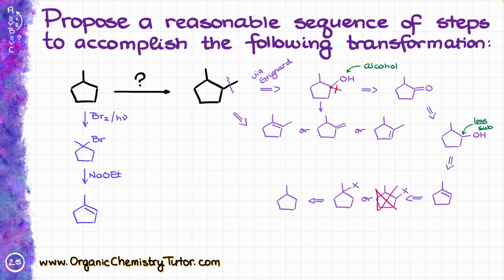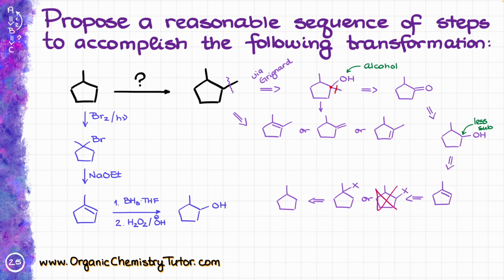Then we're going to do the hydroboration-oxidation reaction, which is going to be a two-step process, and in the first step we're going to react our alkene with a borane in usually THF or other ether-like solvent, and then we're going to oxidize our intermediate with hydrogen peroxide and basic media, which is going to put OH onto the less substituted carbon of our alkene.